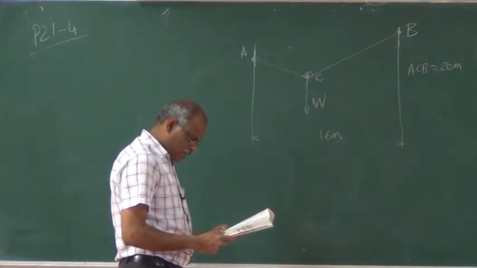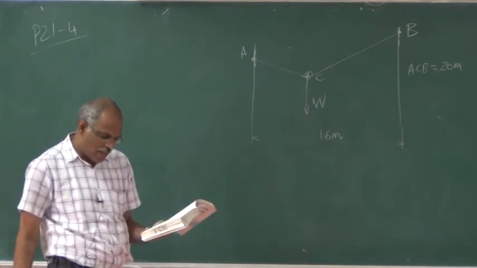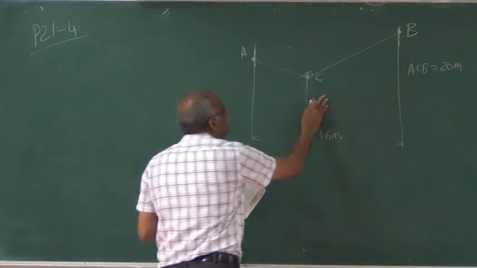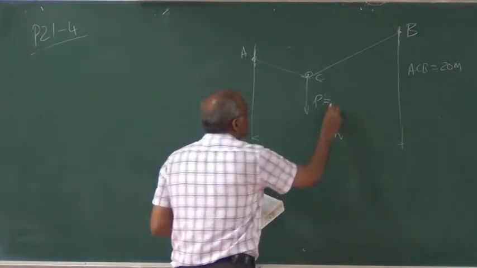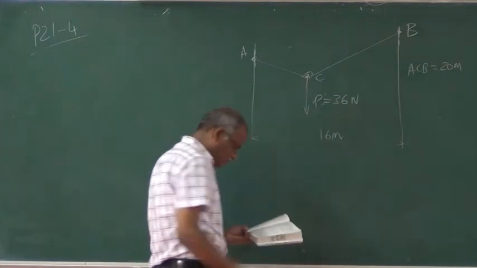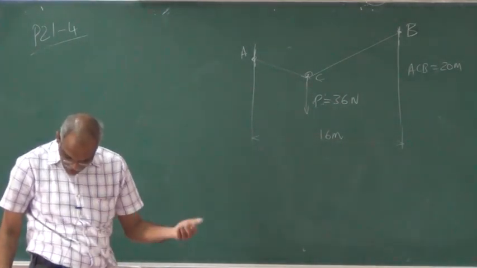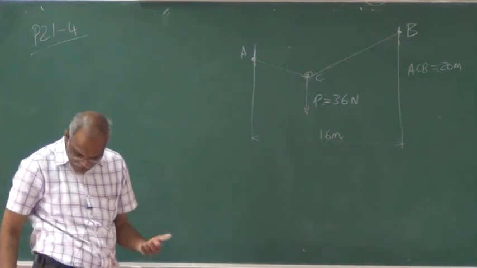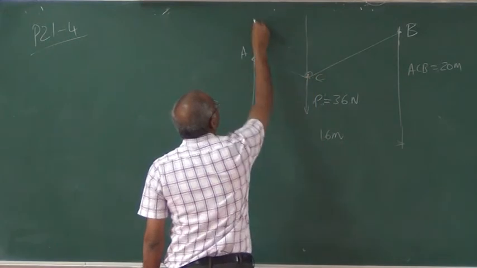A pulley C so small that we can neglect its radius carries a suspended load of P is 36 Newton, and it is free to roll without friction along the chord. Determine the position of equilibrium as defined by the distance x.